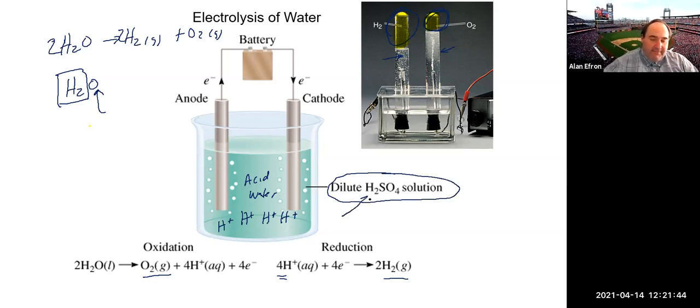So if you get a problem where they mention sulfuric acid or some type of acid and nothing else mentioned about what's happening in the electrolysis cell, they're most likely referring to the electrolysis of water. And that's the key word that you will see sometimes in problems, since they might not just say, hey, we're doing the electrolysis of water.